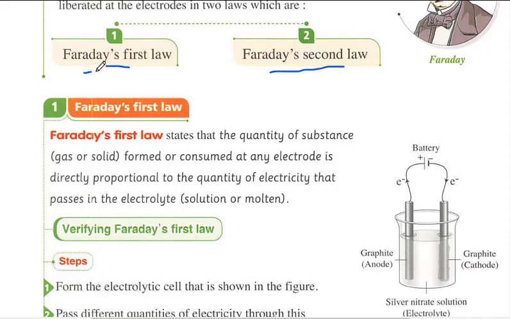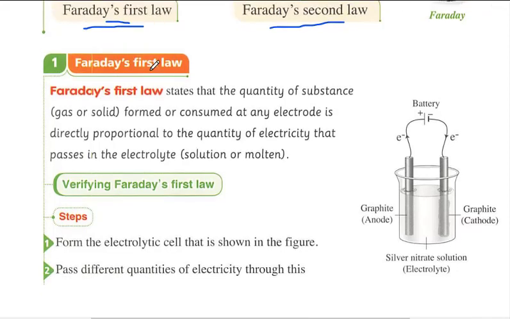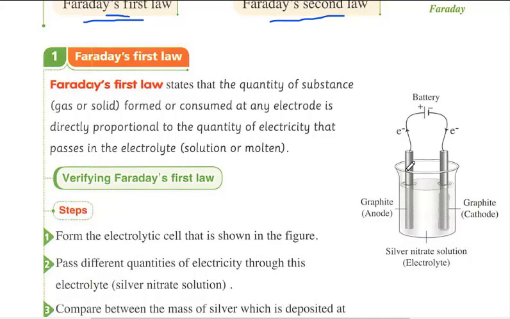How can we verify Faraday's first law? We can verify it if we form this cell, with a silver nitrate electrolyte and silver electrodes, and here is the cathode. The silver will oxidize in the electrolyte and then be reduced and deposited on the cathode. So the mass of silver in grams is related to the quantity of electricity.